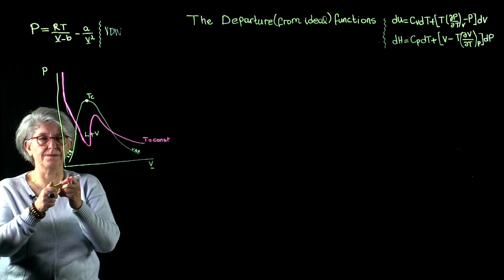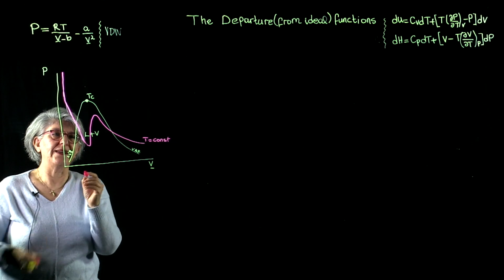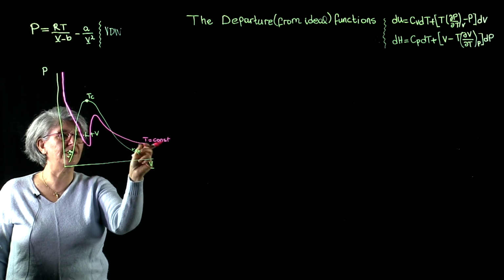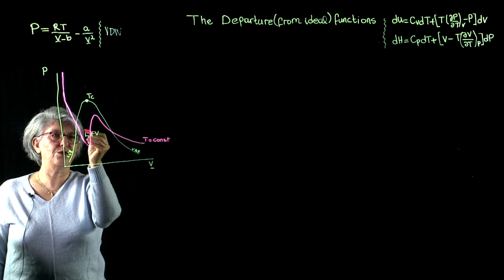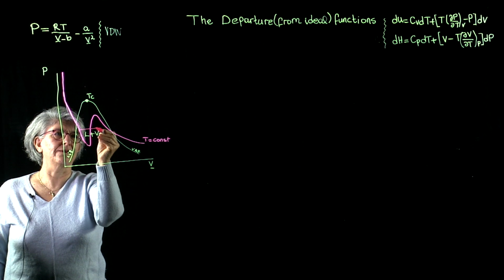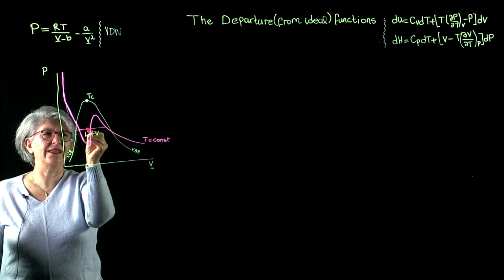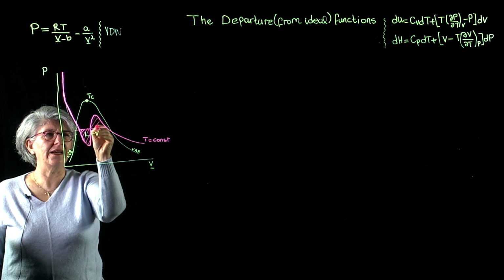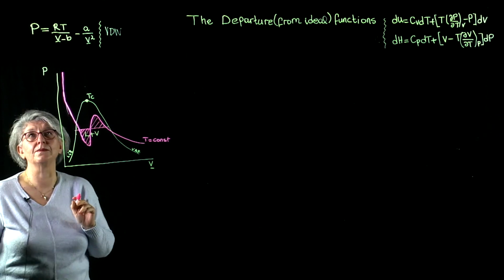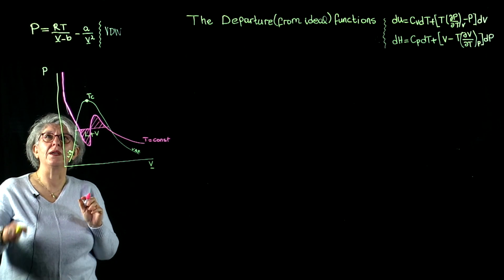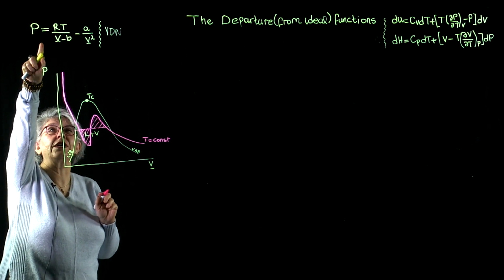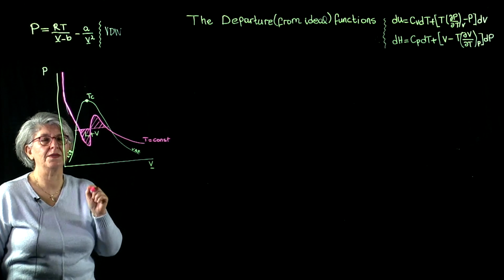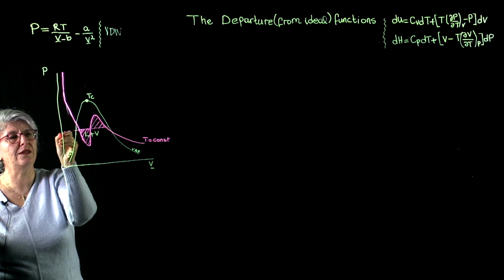All right. The equilibrium pressure corresponding to this temperature is going to be the pressure that gives me equal areas above and below, when I plot pressure as a function of volume keeping the temperature constant. All right? So this is going to be my equilibrium pressure.